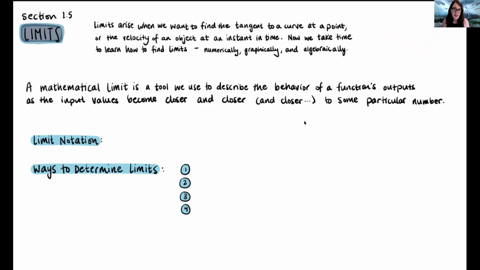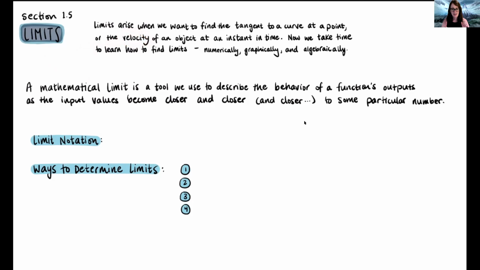The second thing that drove the development of calculus is finding the velocity of an object at a single instant in time. Now, velocity is found by looking at the change in distance over the change in time. It's how your distance changes, how far you make it over a certain time period.